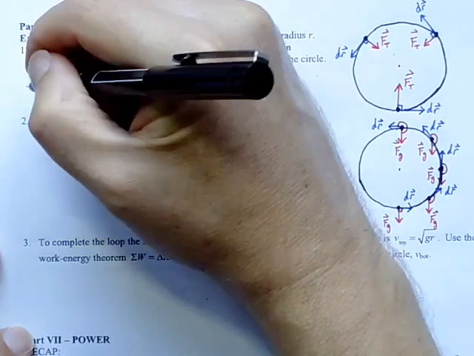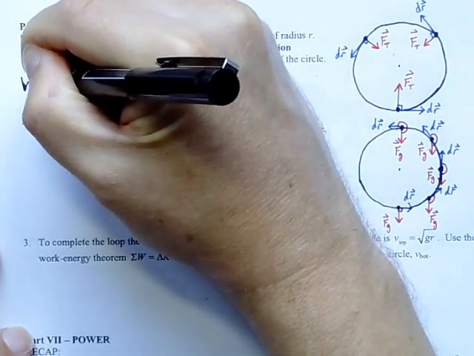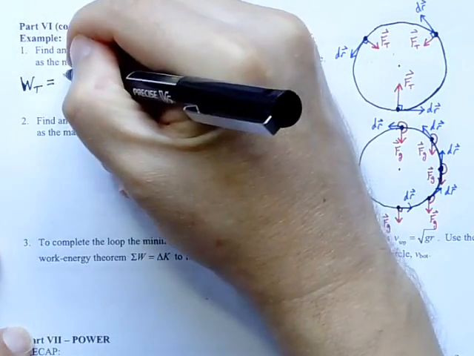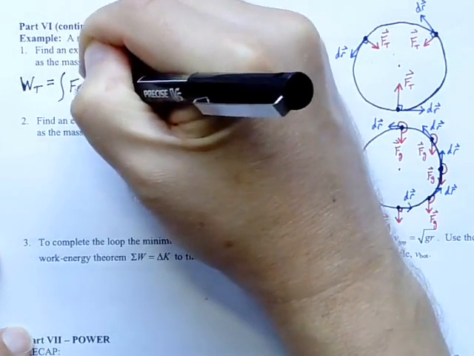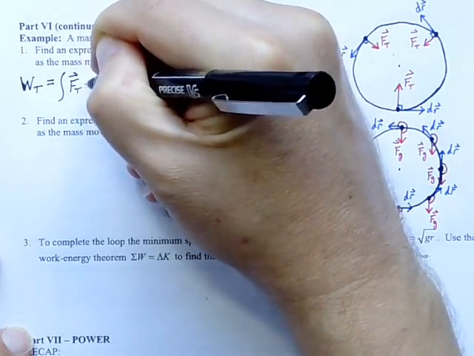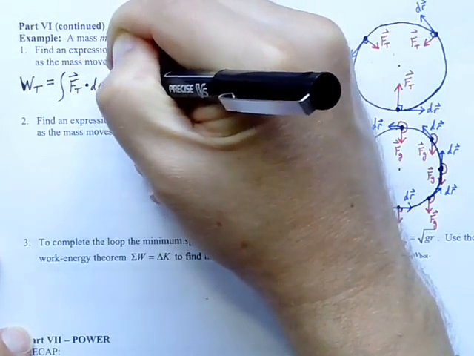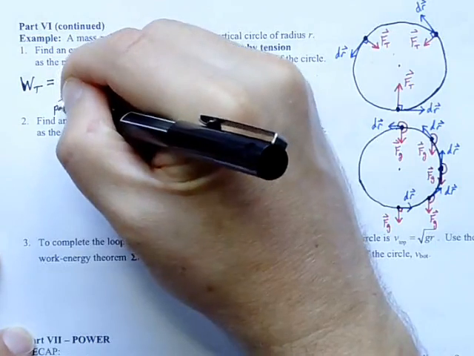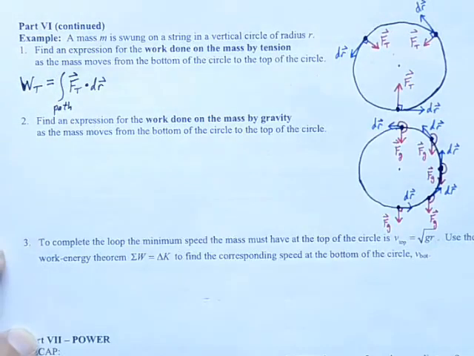So we write the work done by tension is by definition equal to the integral of the force of tension dotted with our infinitesimal displacement vector dr along our semicircular path.